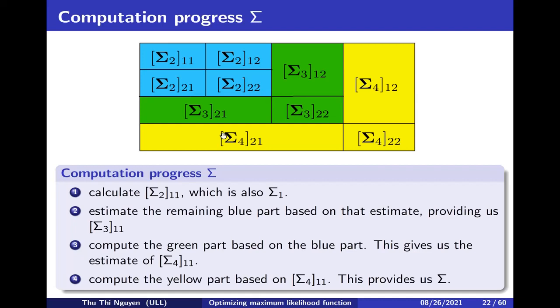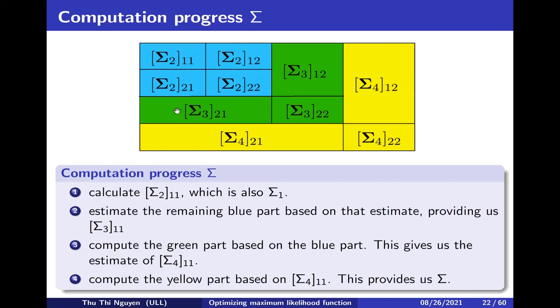The computation process for the covariance matrix is also similar. First we will estimate sigma 2 bracket 1 1, which is this one, and it is also equal to sigma 1. And then we will estimate the remaining blue part based on this one, and this provides us sigma 3 bracket 1 1.